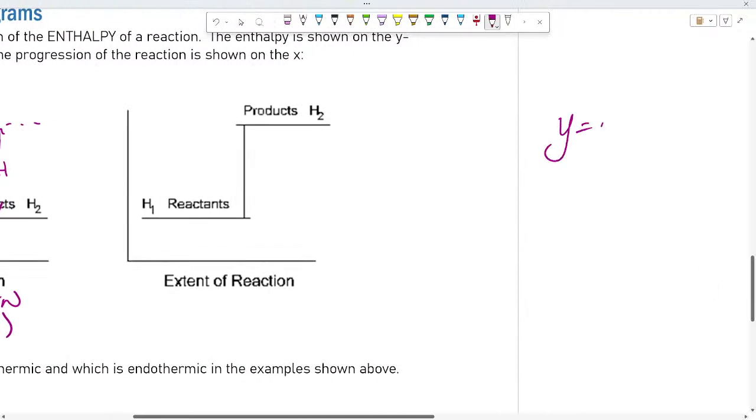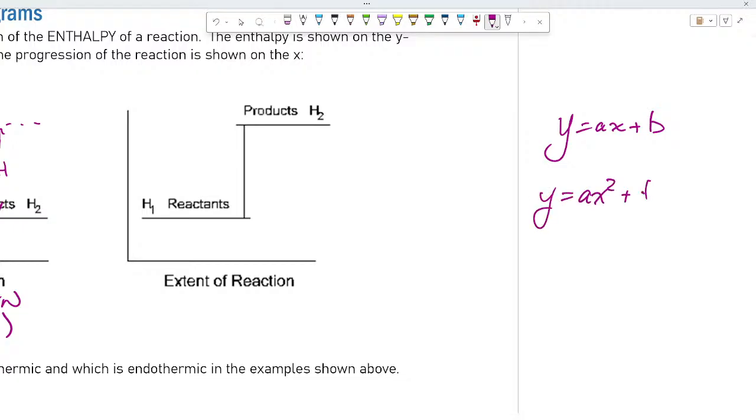Y equals ax plus b is a linear relationship, right? Y equals ax squared plus bx plus c is a quadratic relationship, which is a terrible name. Objectively, it's a terrible name, right? Quadratic? Yeah. Well, we discussed the alternative. Because, cube, cubic. Squaric.